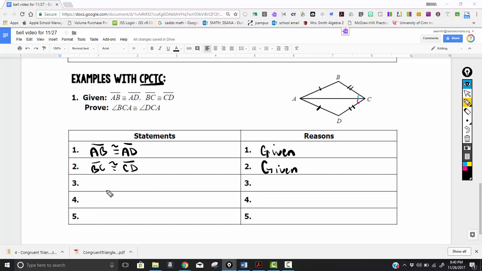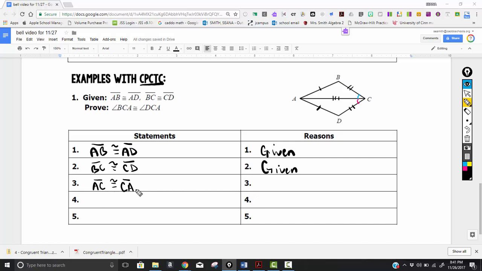Okay, now what can we go from there? So I do look up here and I do know something about AC. AC is part of both triangles. It's part of the top triangle and it's part of the bottom triangle, which means this piece is congruent. So that means AC is congruent. And I know I've been writing this as AC, but I notice they are flipping it a lot and what y'all are going to be doing soon.